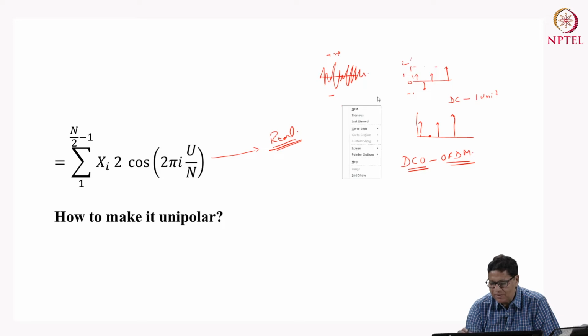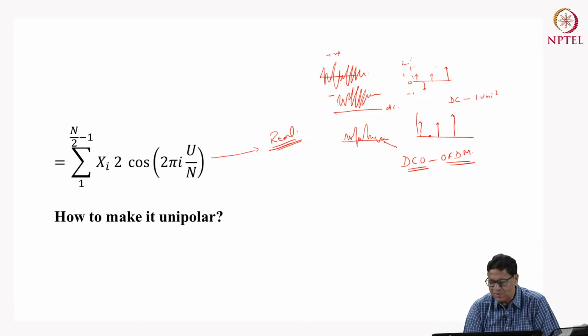For example, one case could be I shift the whole signal so that nothing is below the DC. But this is inefficient because you require a high amount of power. The second option would be I don't give too much DC but give some DC, but there will be some peaks which will be below -1.